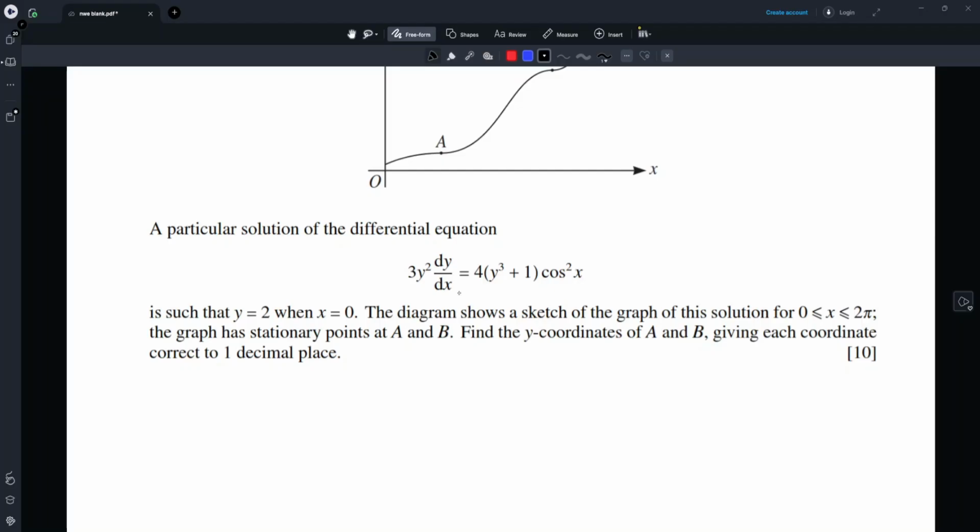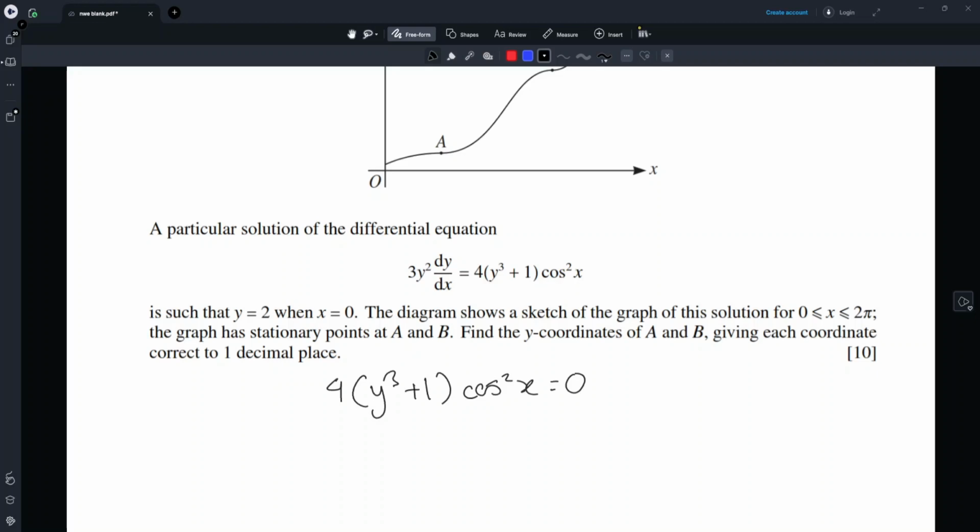It means that when dy/dx equals 0, this thing gets away. (4y³ + 1)cos²x equals 0.